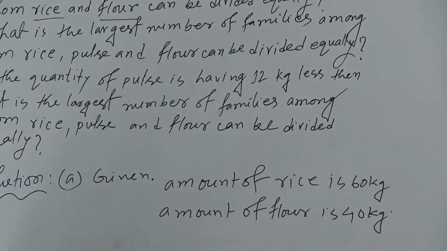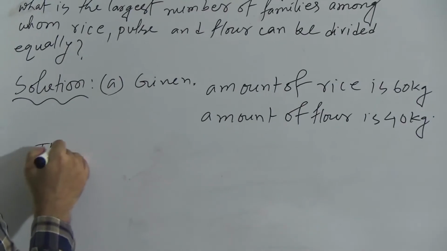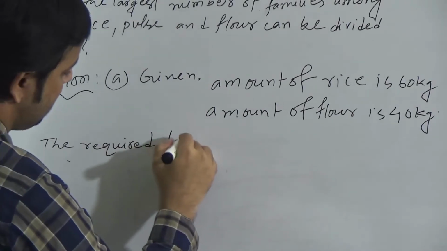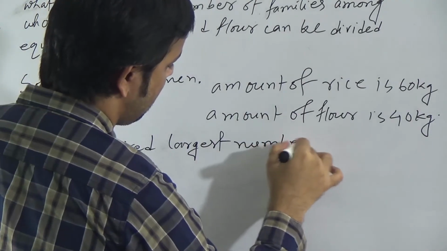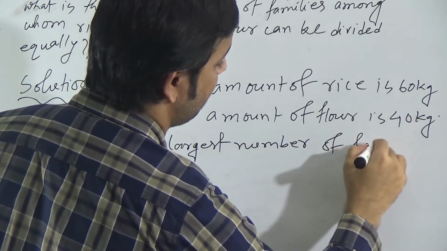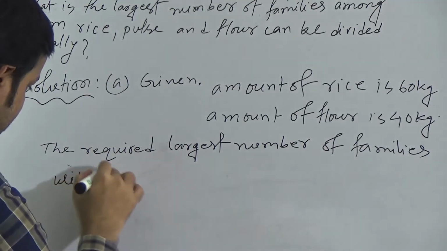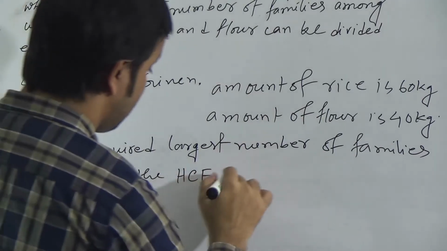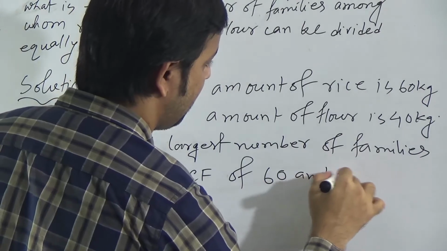To do this, we have to write here the required largest number of families will be the HCF of 60 and 40.